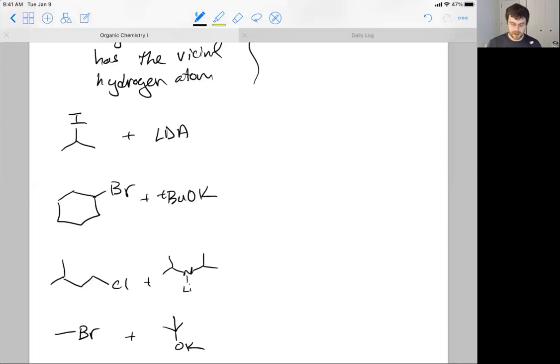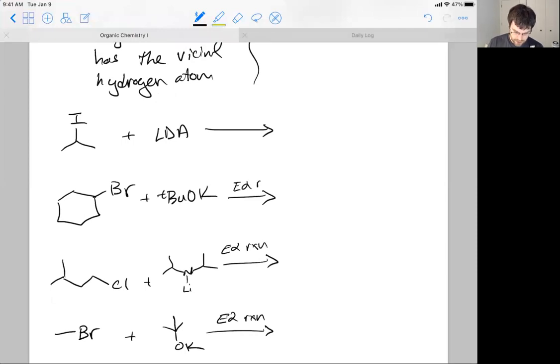Okay. So in all of these cases, let's imagine that we have our E2 bases committed to memory. If we have our E2 bases, then we should recognize that we want to do an E2 reaction.